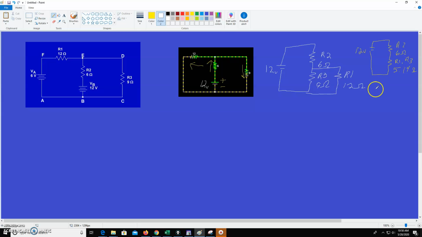So we now know we don't have to go any further. Let me write these in black up here. We know that V total is 12 volts. R total is equal to 11.14.